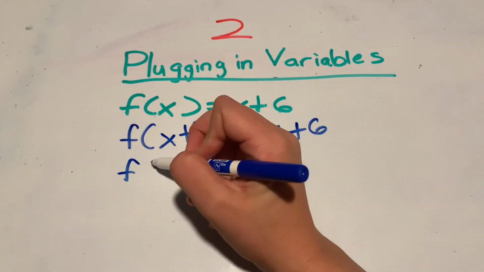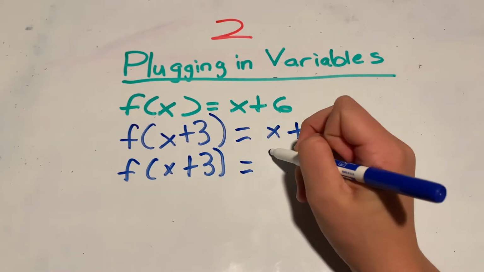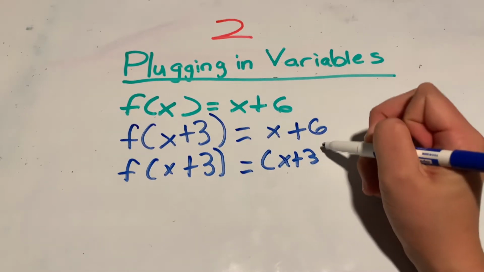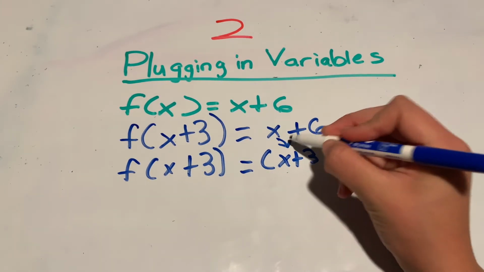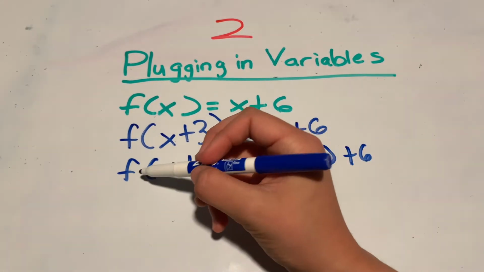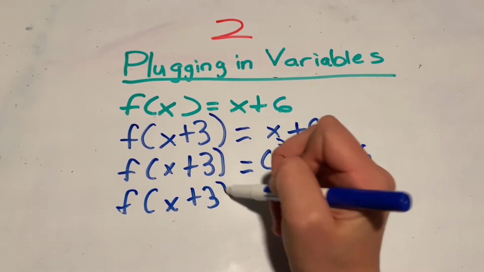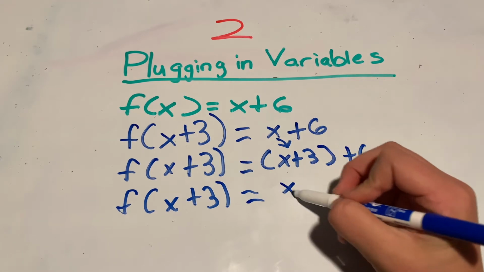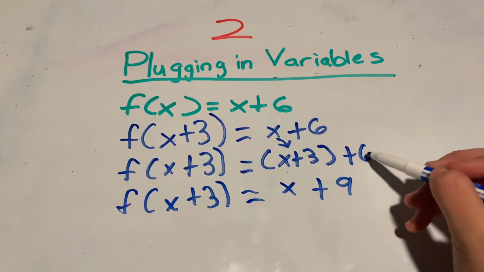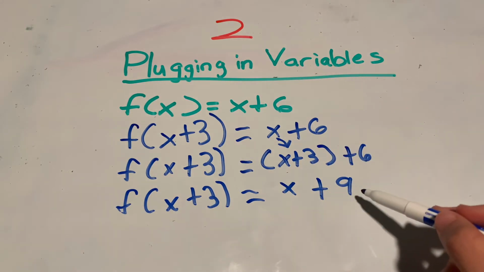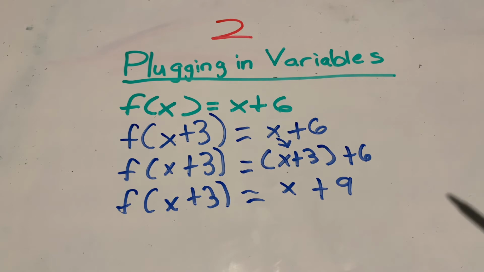Now we're going to plug the x plus 3 into the x, and I'm just going to write in parentheses to show I plugged that in. And then we can solve out: f of x plus 3 equals x plus 9, since we just get rid of the parentheses and then add the 6 to the 3. So f of x plus 3 equals x plus 9.